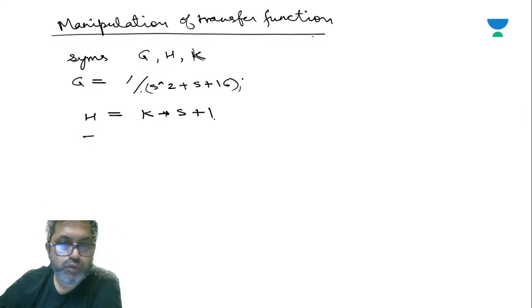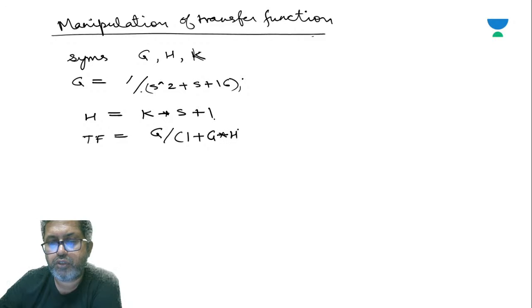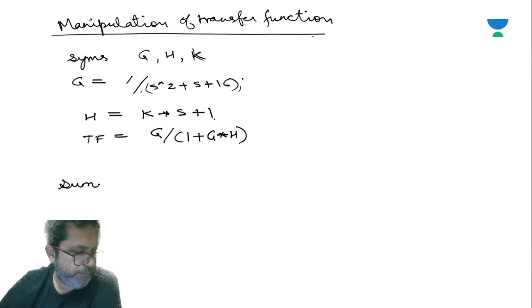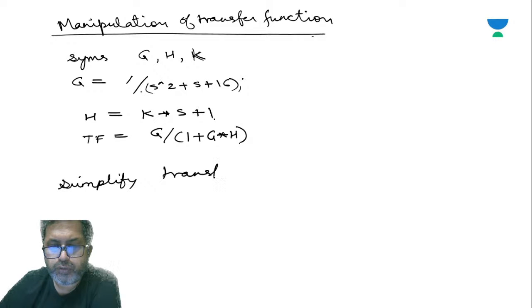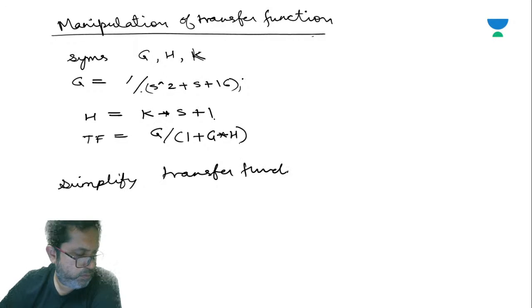So transfer function is equal to G upon 1 plus G star H. Then simplification. Simplify the transfer function. K is equal to 10.